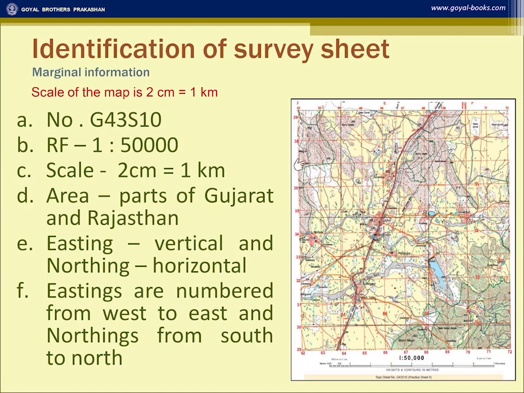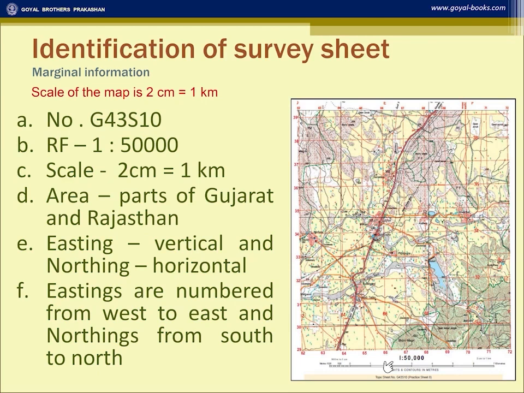Mostly the parts are dry, and you can see in general the streams are shown in black, which shows the area gets seasonal rainfall. The RF of the survey sheet, that is 1:50,000, shows that 1 centimeter on the map or 1 inch on the map shows 50,000 centimeters or inches on the ground.